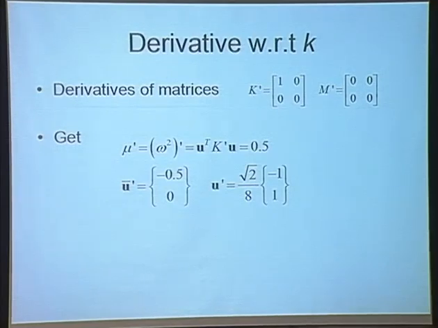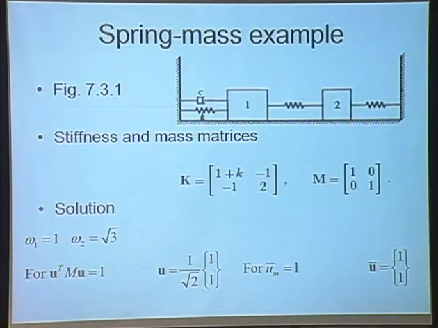Right, that is what basically happens. Think about what will happen when K goes to infinity. If K goes to infinity, the leftmost mass will remain stationary. It couldn't move. So if K goes to infinity, only the second mass will vibrate.